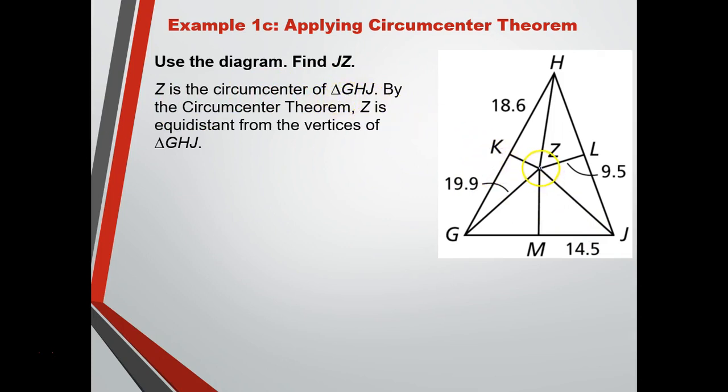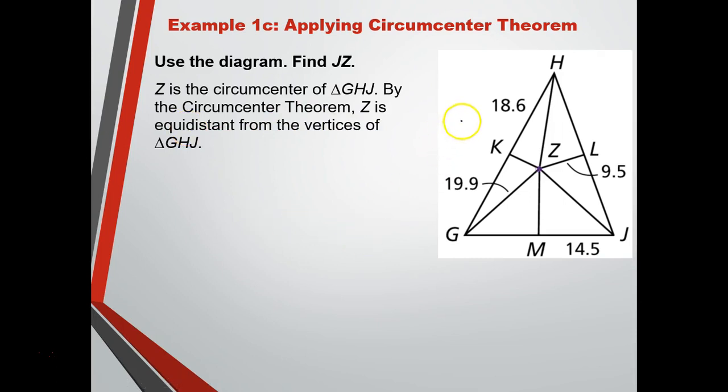So we know that this point right here is the circumcenter. If we know that point is the circumcenter, then by the circumcenter theorem, Z is equidistant from the vertices of triangle GHJ.